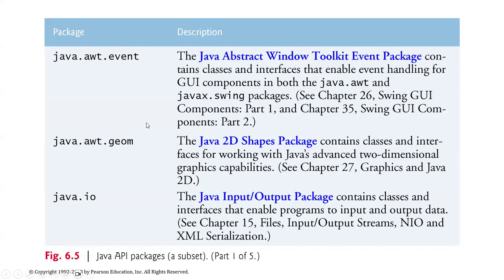And here are some common packages. AWT, actually we don't use it anymore. We have some more advanced packages instead of the Abstract Window Toolkit, but I'm just giving you an example. And for java.io, in our chapter 15 we will use it frequently, because we will use IO to read and output something through a file rather than the command line.